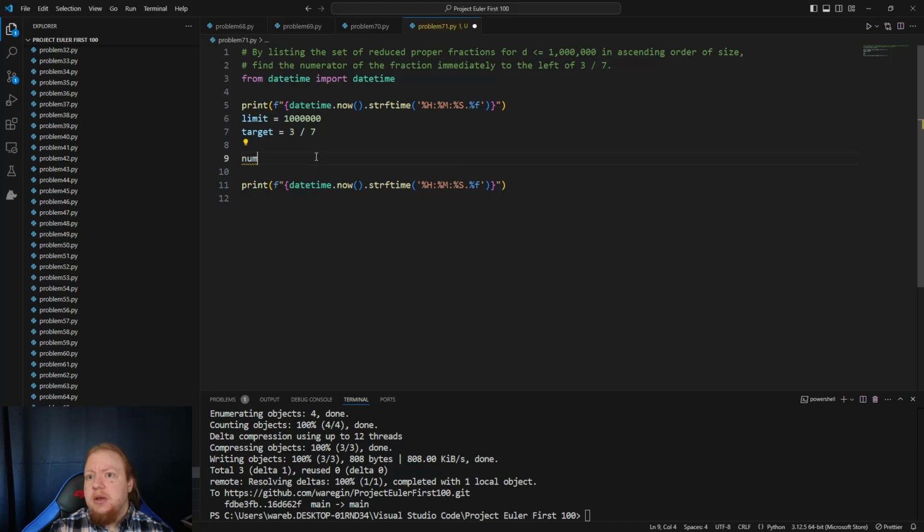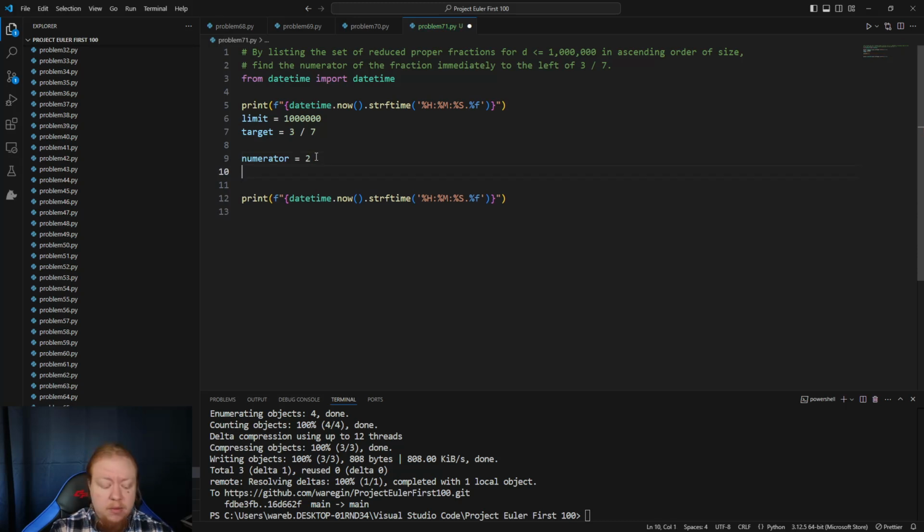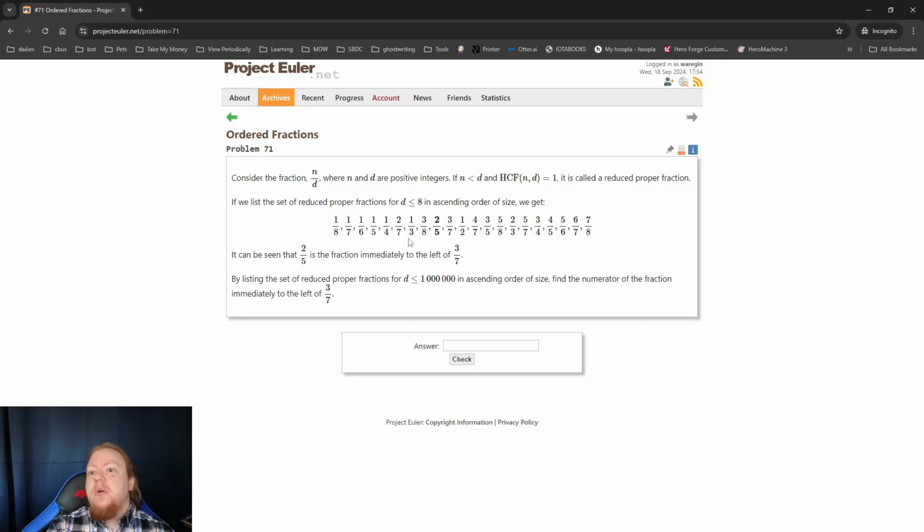So let's see. Numerator equals... I'm just going to say 2 and 5. So we can be pretty confident that 2/5 isn't going to be the correct answer. The correct answer is going to be some fraction between 2/5 and 3/7.